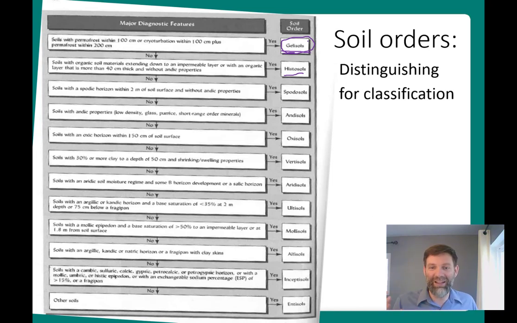A soil can't be in two orders because once it hits one that it meets the criteria for, then it has satisfied that. I actually did my presentation, my slides, in the order that they appear here. So we started with the first thing that keys out and we ended with the last. And so it's in that same order that you work through and say, well, is it that? If yes, that's your answer. If no, you keep going.